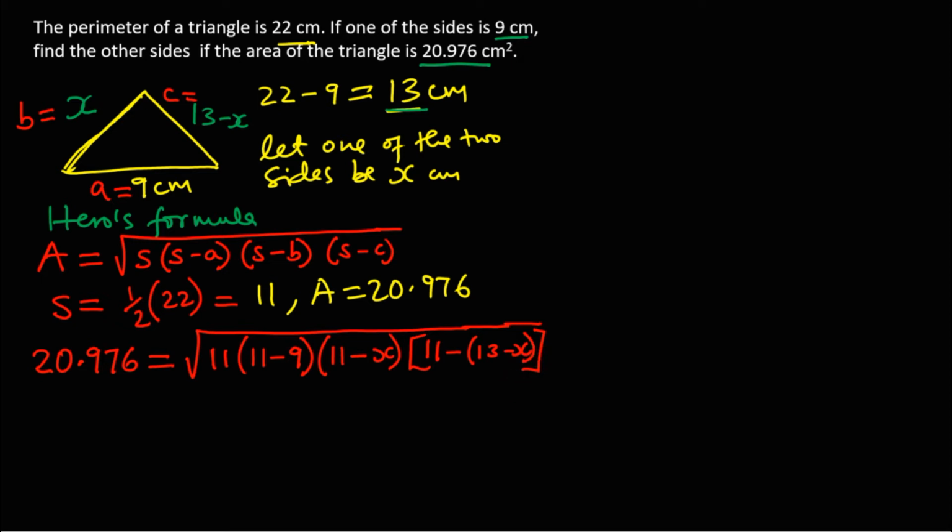Then from there, on the right hand side we have the square root sign, so I can square both sides.